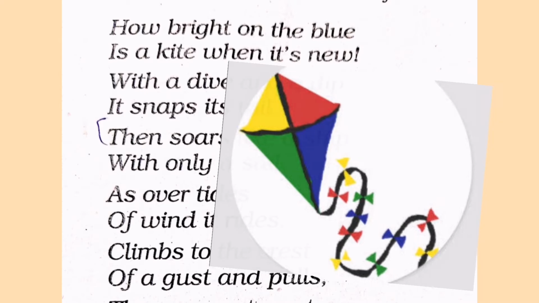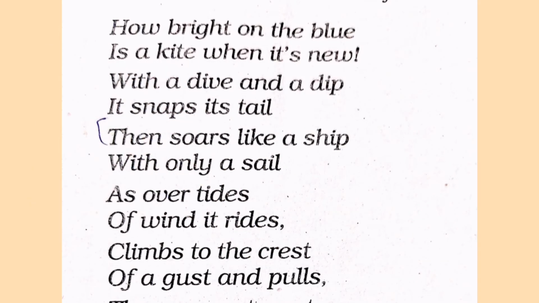Like when a kite is flying, we have to make sure that the wind is proper. Understood? And this wind only helps the kite to fly. And when it is flying, it creates a cracking sound in the air. Now coming to the next line.